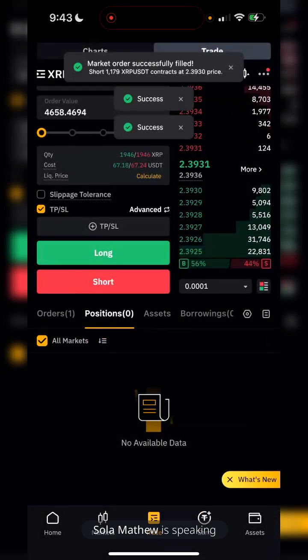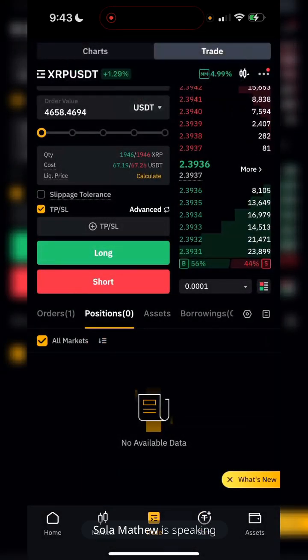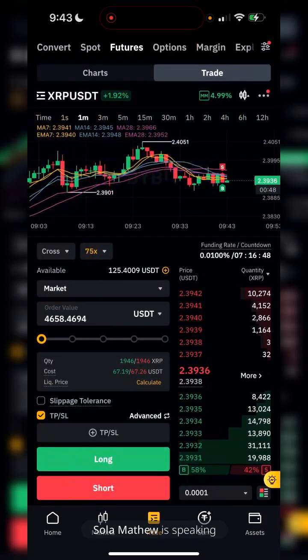So I have lost as well, but I close. But assuming it goes to profit, because I was trying to show you something, immediately it gets to profit, I can just close it if I want. Those are the different ways to edit and change. So you see that my money was reduced to 125.